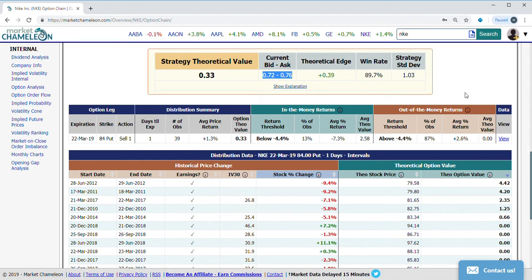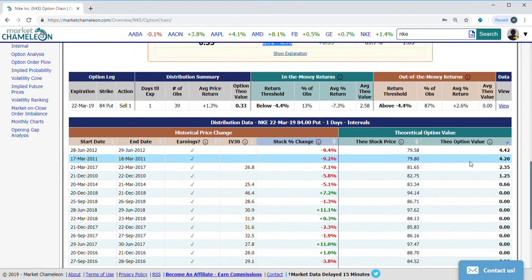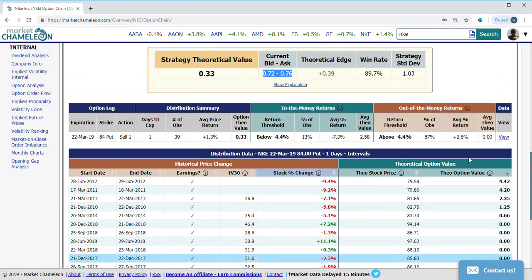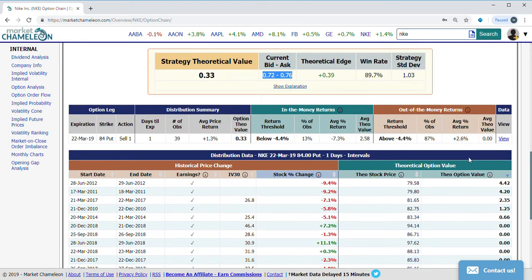Well, given this history, if we did this trade over and over again for 72 cents, and in theory, if the price distribution looks similar to what it did in history, of course there's no guarantees, we're just trading ideas here, then over time this option would be worth 33 cents.